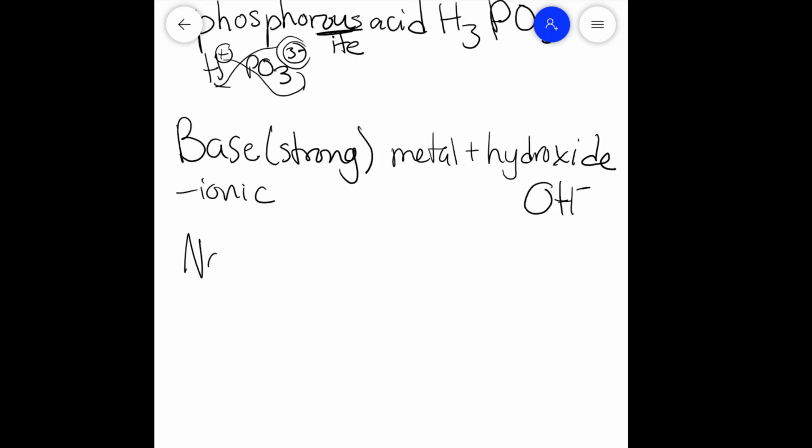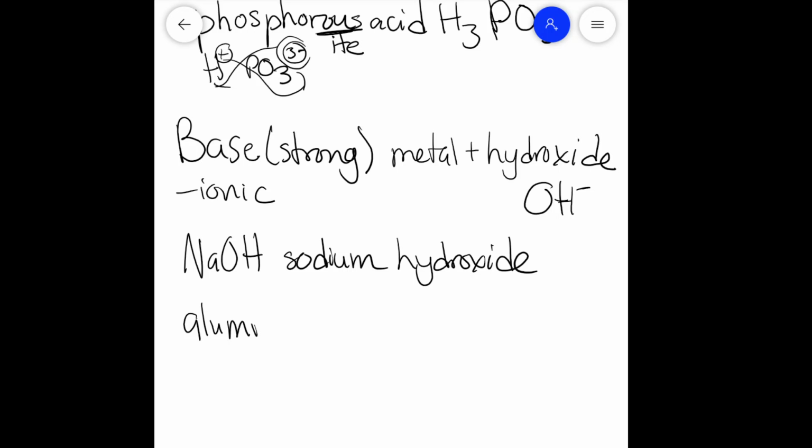So like NaOH is sodium hydroxide. That's it. If you had aluminum hydroxide, Al, and then remember, aluminum's 3 plus, OH is minus.